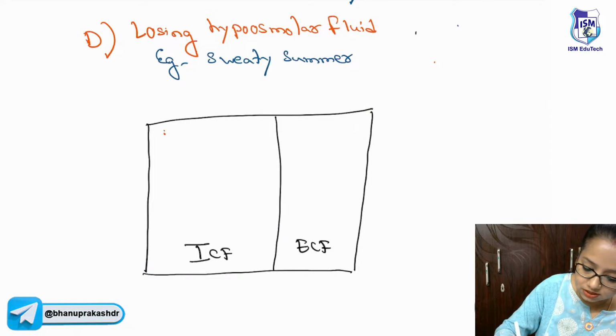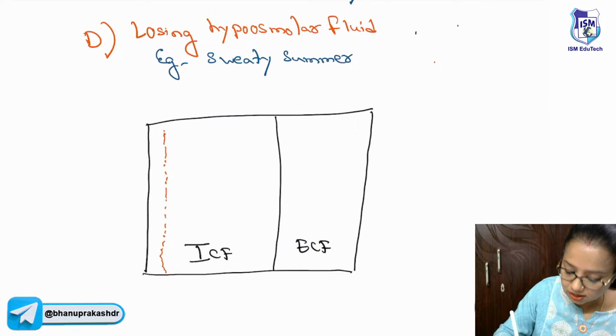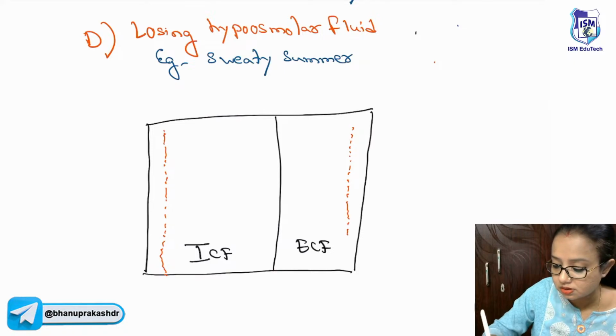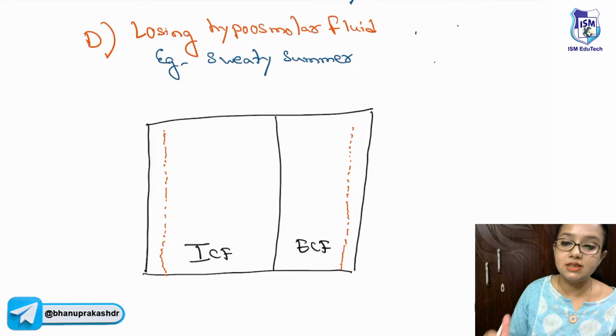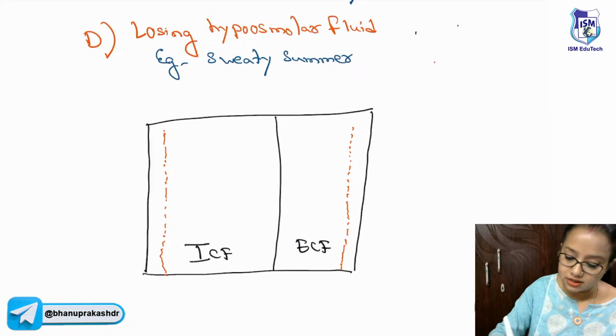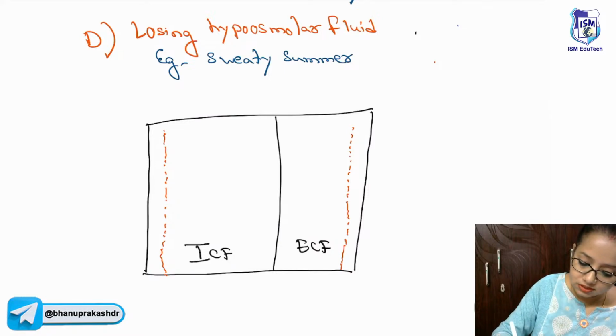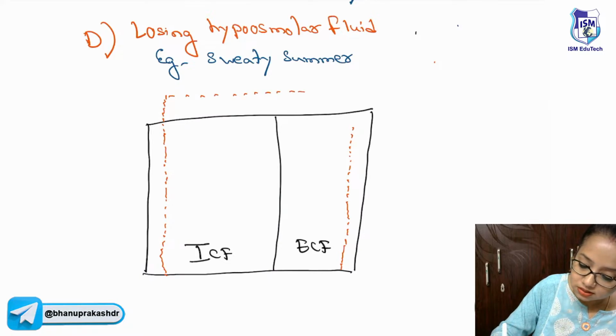The volume is less, and the ECF also loses, right? So when both ICF and ECF are losing the salt, then what will happen? Automatically, there is an increase in the osmolarity, right?